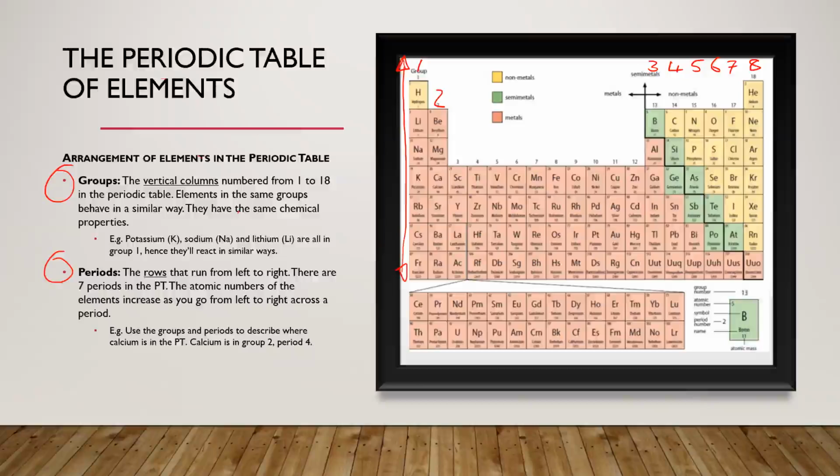And then it also says elements in the same groups behave in a similar way. They have the same chemical properties. And we'll get more into that in grade 10, but for now you can just know that elements in the same groups behave similarly.